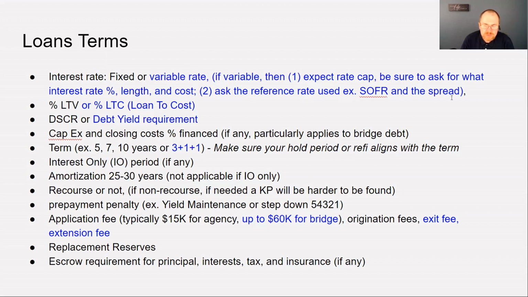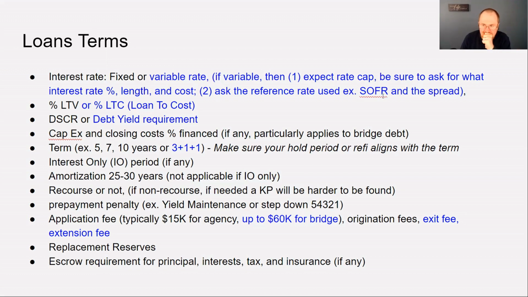And also, when there's a variable rate, you want to ask what the reference rate used is, and the spread. It's interesting to know because there are so many nuances, particularly with the SOFR, which is the overnight interest rate. There's the 30-day SOFR, there's the daily, there are three or four nuances, and some lenders use one, some use another.